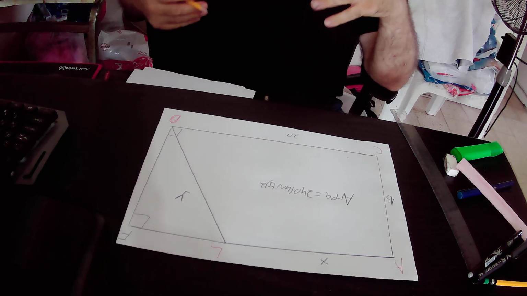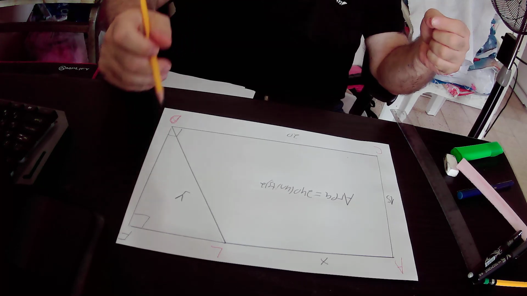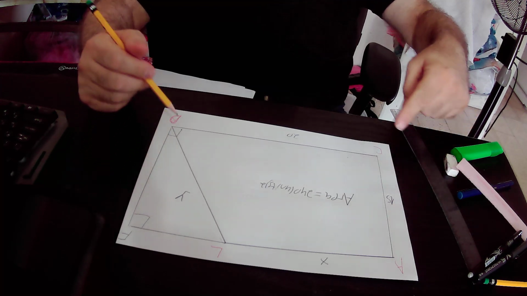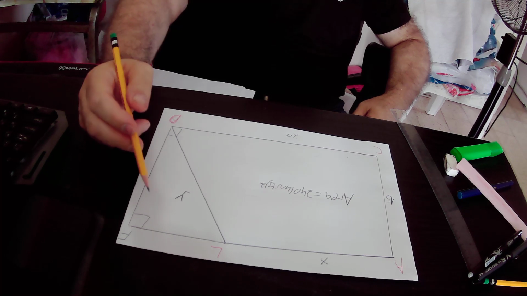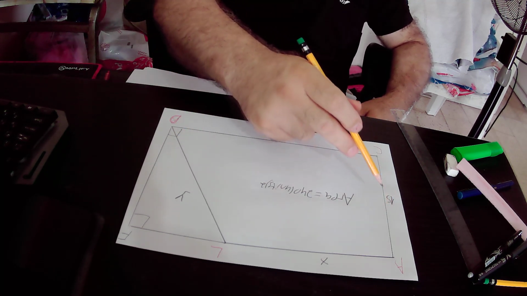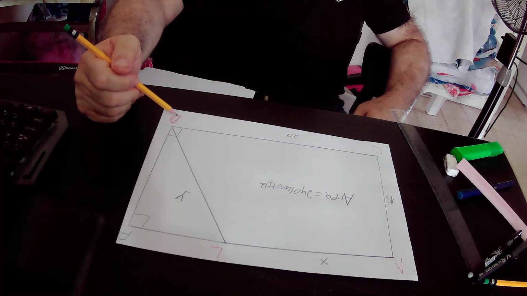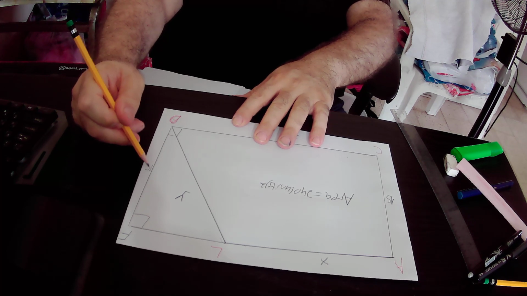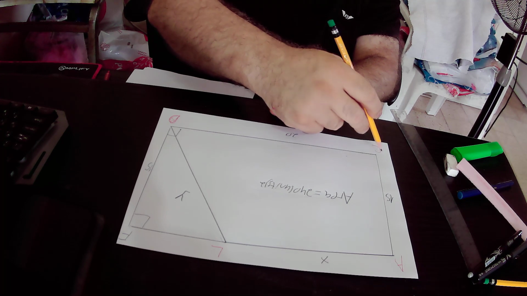Actually, we built a rectangle because side AF equals side CD, and they are parallel to each other, and also side AC of this shape equals side FD. Both of them equal 15 units, and also FD is parallel to AC.